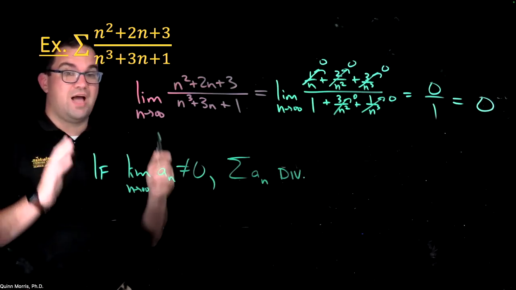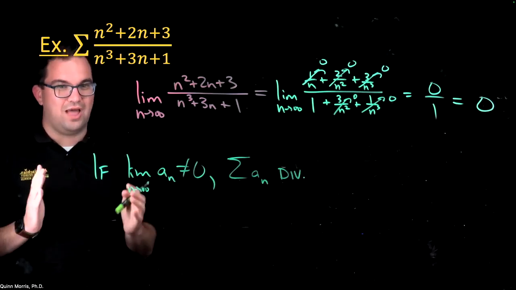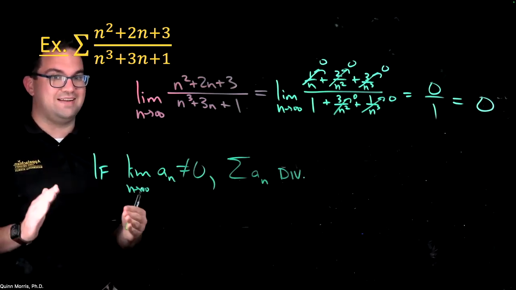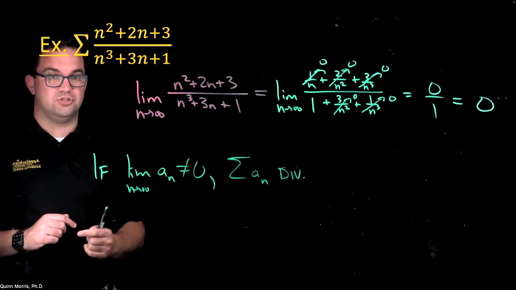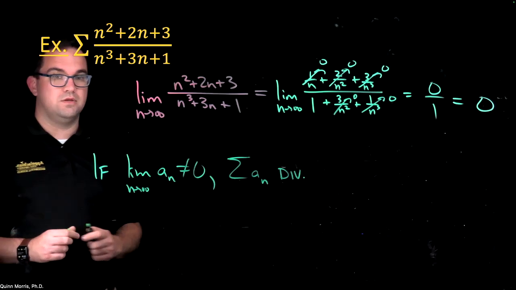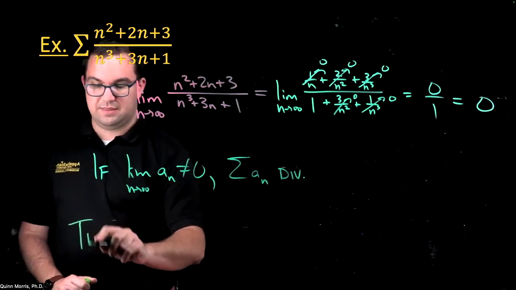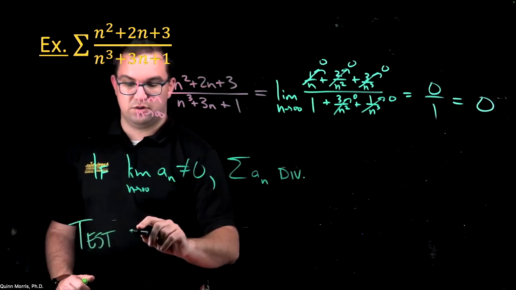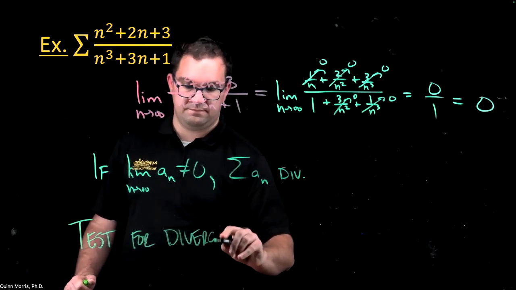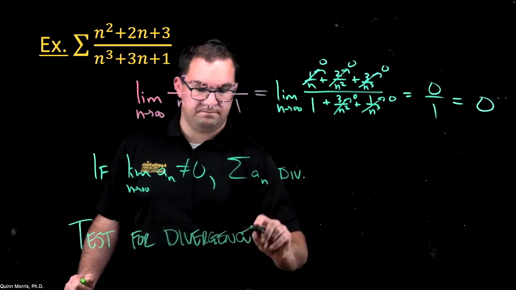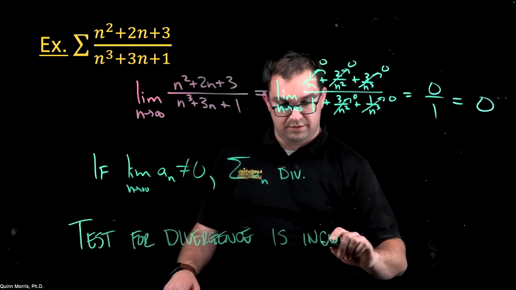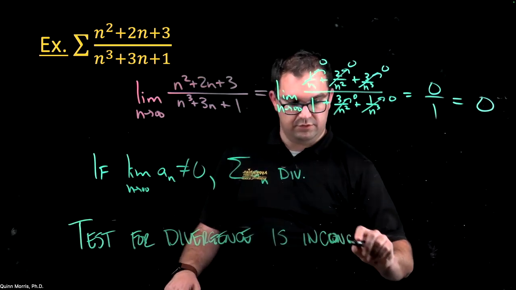And the test for divergence, one reason I like that name is it tells you the only thing you can ever conclude from that test is that a series diverges. You can never conclude from that test that a series converges. So here, I would say that the test for divergence is inconclusive.